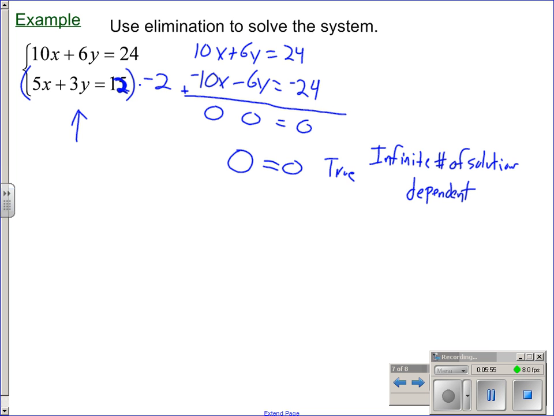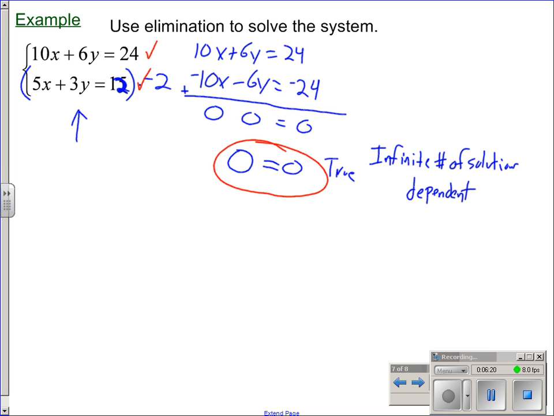They're one right on top of another one. So if you think about what that means, you plug in any x value, it's going to satisfy the first equation and it's going to satisfy the second equation because you're always getting a true statement for both equations. So any x value works, which is why you have an infinite number of solutions.